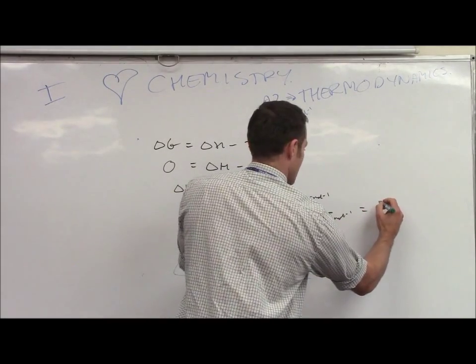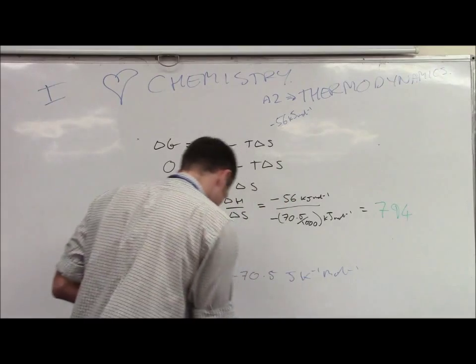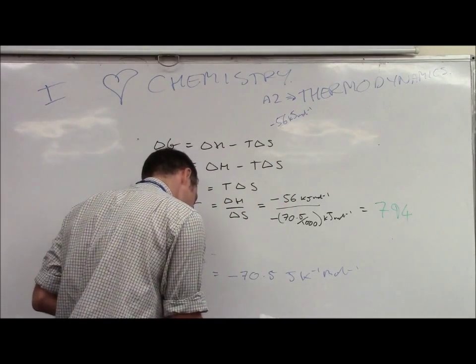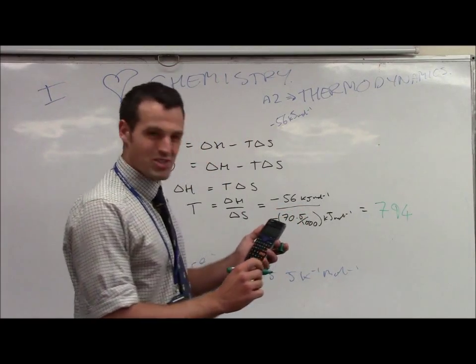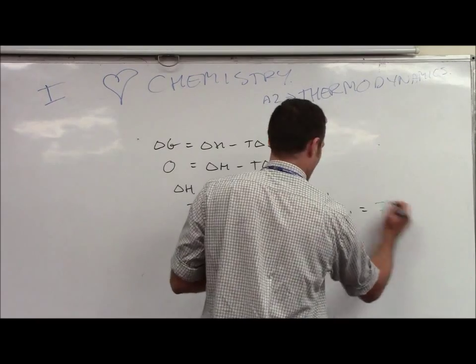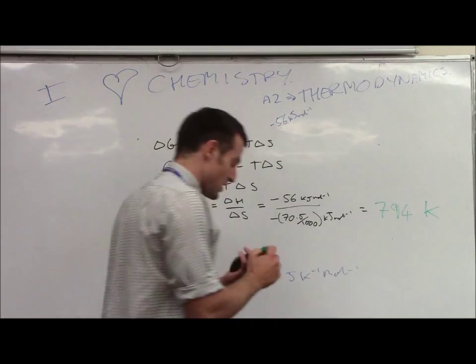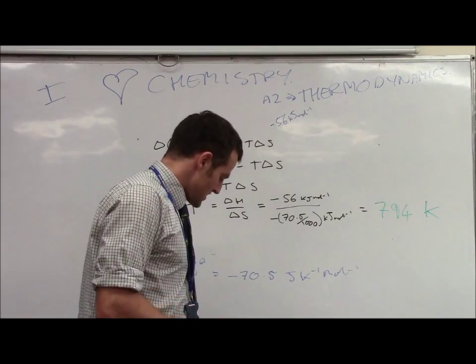So 794, well, is it 3 sig figs? Yeah, two or three sig figs is given. It's not a practical situation, so we won't mind too much. 794 Kelvin. So the temperature is below 794 Kelvin, this reaction should be spontaneous.